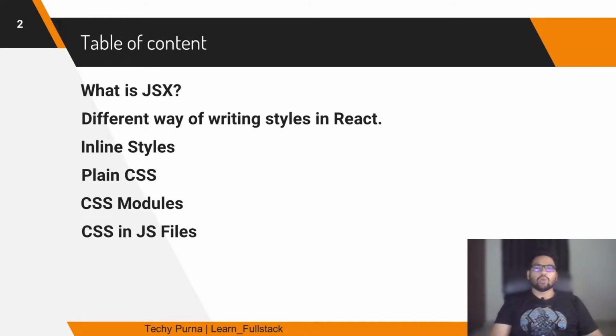We will learn what JSX is and different ways of writing styles in React. We'll talk more about inline style, plain CSS, CSS modules, and CSS in JS files. These are some popular ways of implementing styles in React code, and that is what we are going to learn in this session.